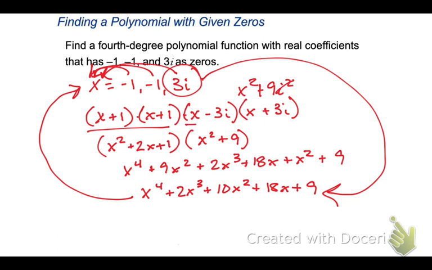You always have that conjugate pair. That only goes for irrational zeros and complex zeros, or imaginary, whichever word you want to use. Got it.